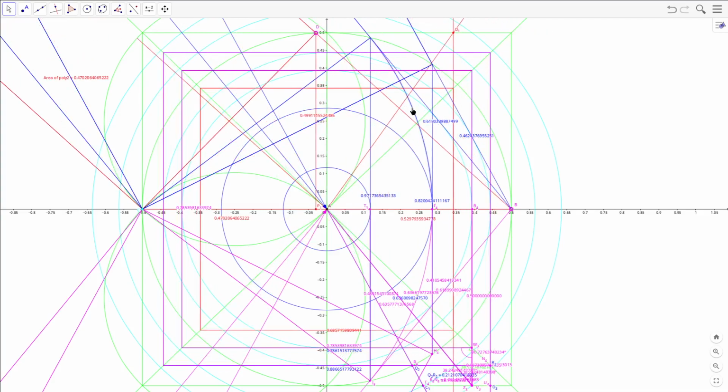And this thing here is the square rooting of the square, which means this line here represents the area square.